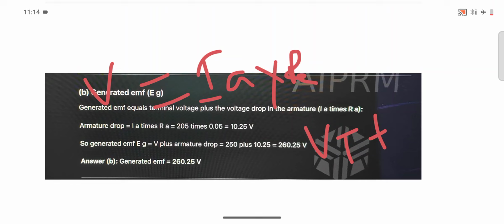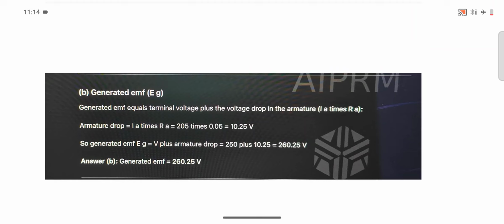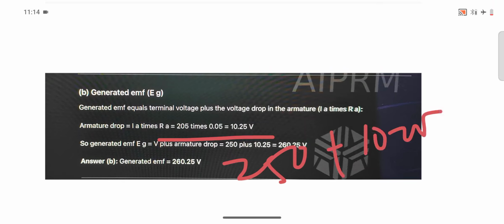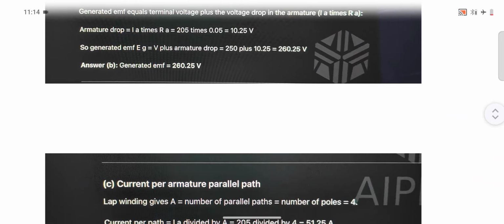So first we calculate the armature drop, which is equal to IA into RA. You can see in the video we already calculated it. So generated EMF becomes 250 plus 10.25, that is 260.25.